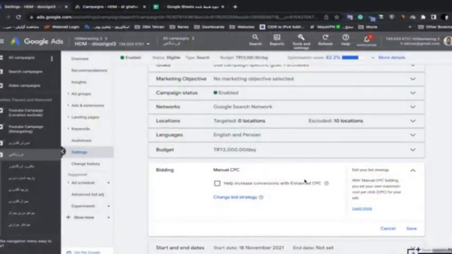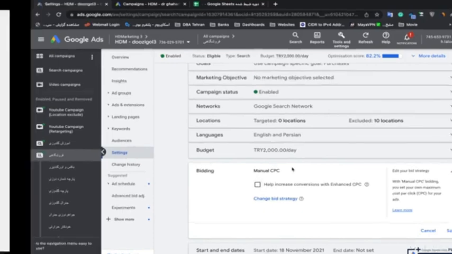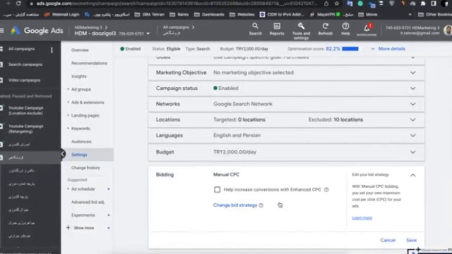My first step for discussing automated is to help increase conversion with enhanced CPC. Guys, in enhanced CPC, and the automated models that I want to talk about, first of all, there's CPC. I try to maximize your conversion, to increase it.